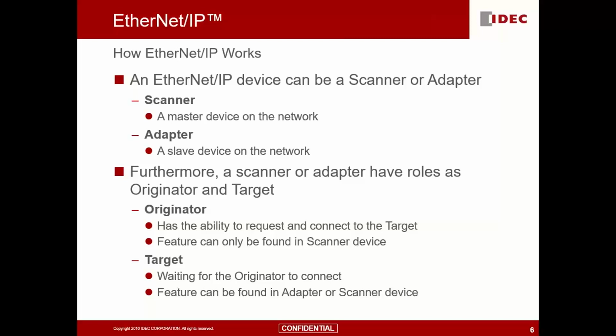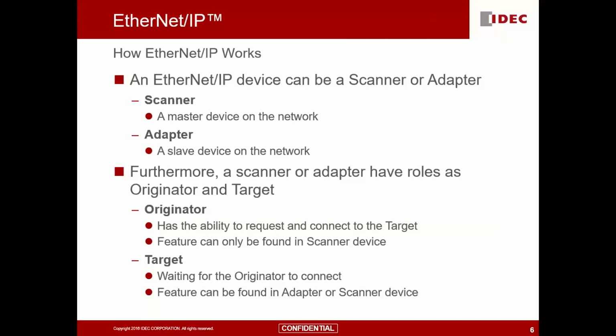I don't expect you to learn everything at this point, but just grab some information and you will learn as you go from here. A scanner is basically considered a master device on the network. An adapter is basically a slave device on the network. Most industrial protocols will stop at that: you're either a master or a slave.